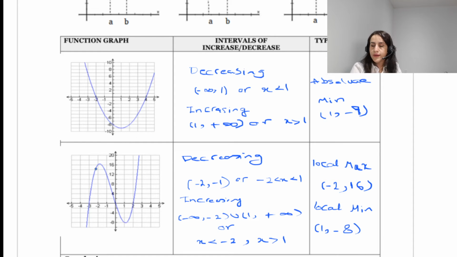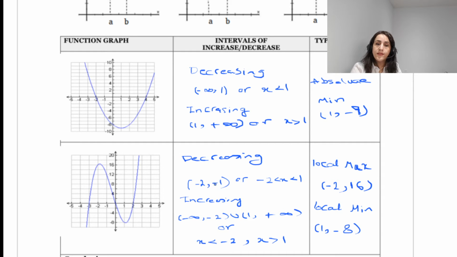I'm going to the next example. The next example is the same thing. It takes me up for half the way, then takes me down, and again takes me up. As you see, I have two intervals of increasing and one interval of decreasing. For decreasing, I can say that it's starting from negative 2 to 1, and make sure that you never put a closed bracket.